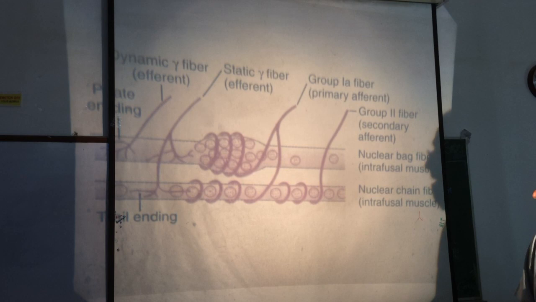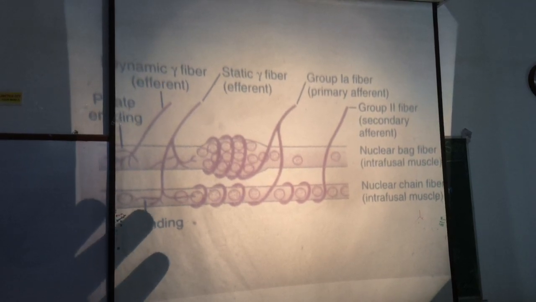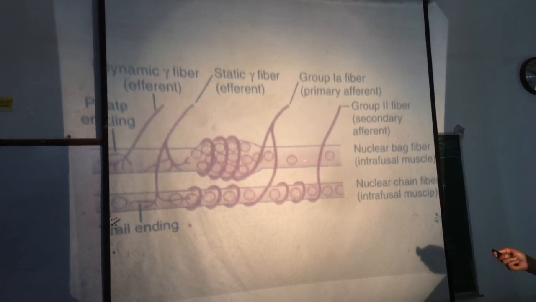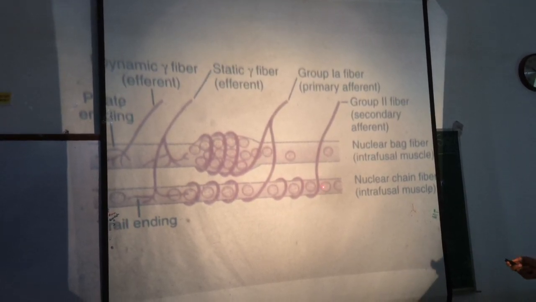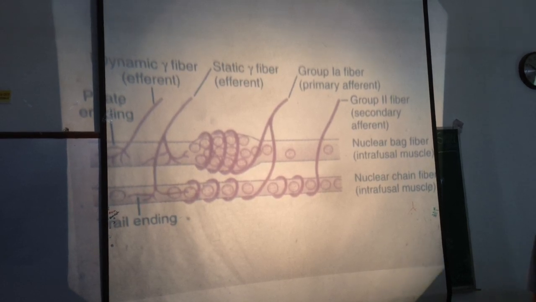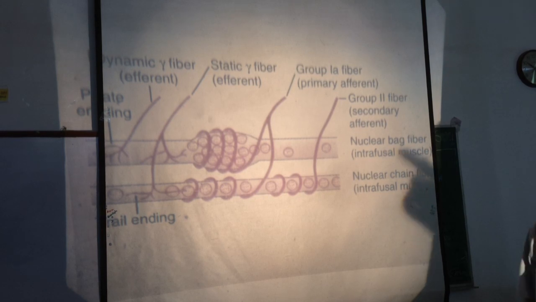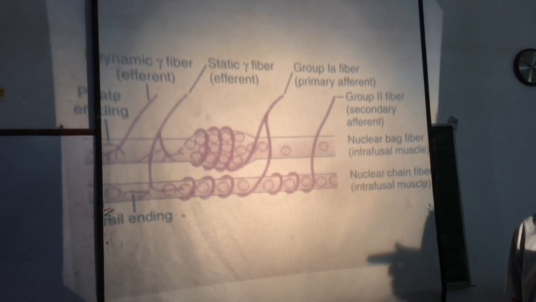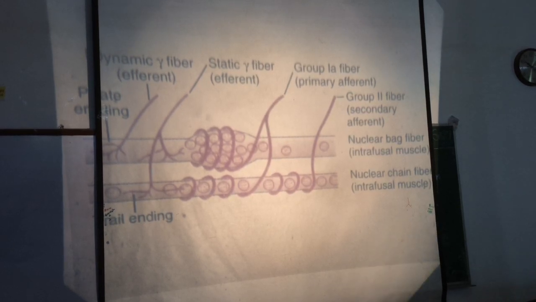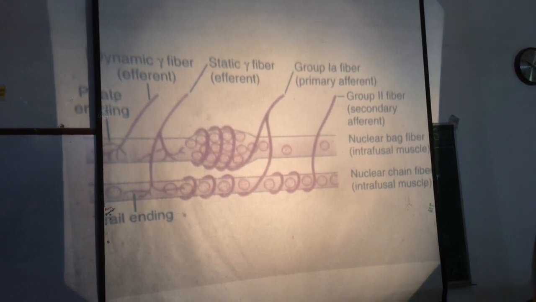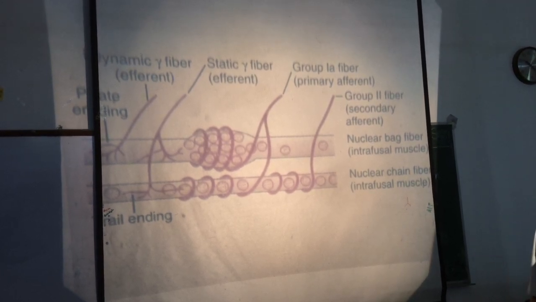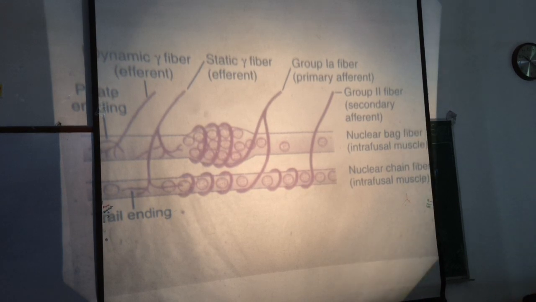In each muscle spindle, 1 to 3 are nuclear bag fibers and 3 to 9 are nuclear chain fibers.